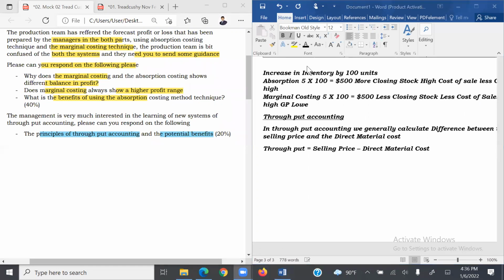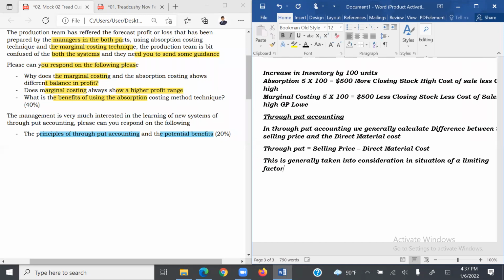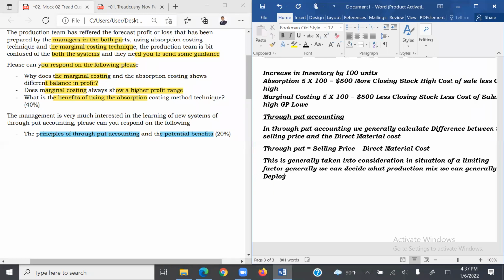Thank you very much. So I'll write down here, this is generally taken into consideration in situations of a limiting factor. Generally, we can decide what production mix we can deploy.